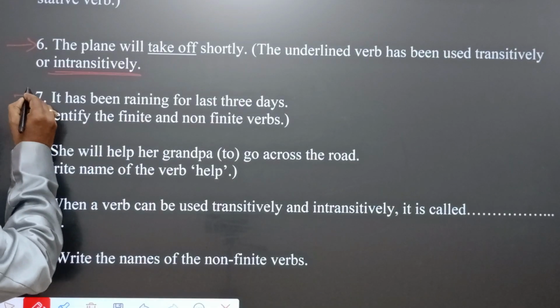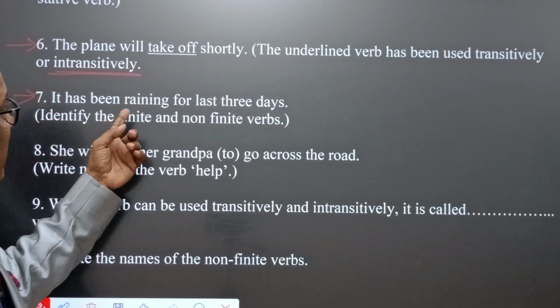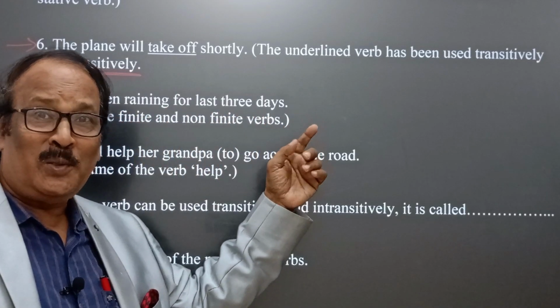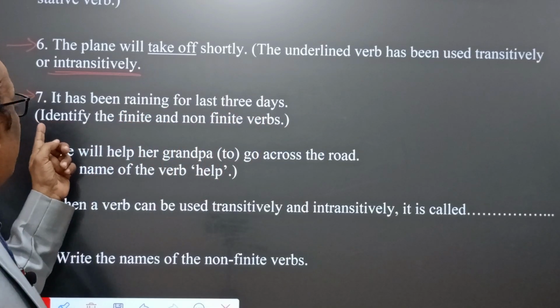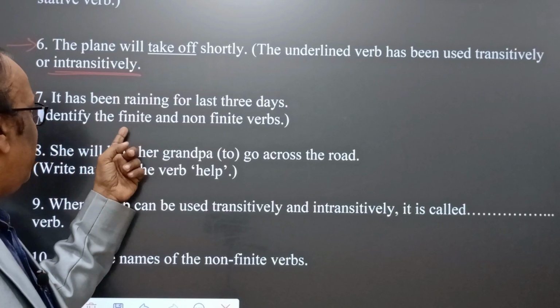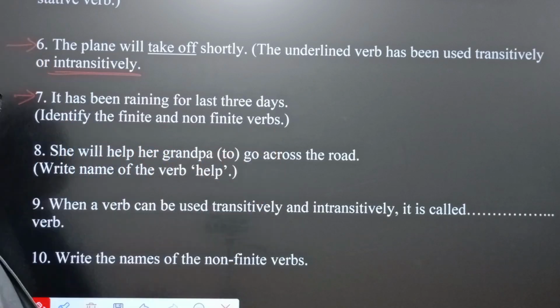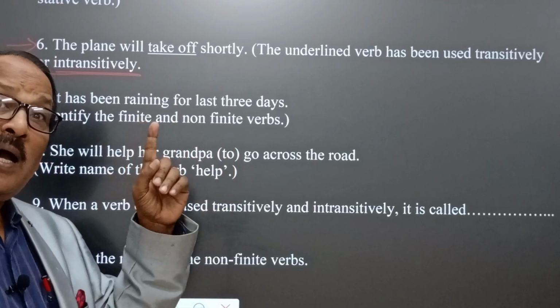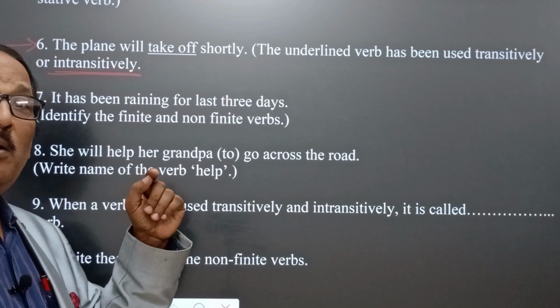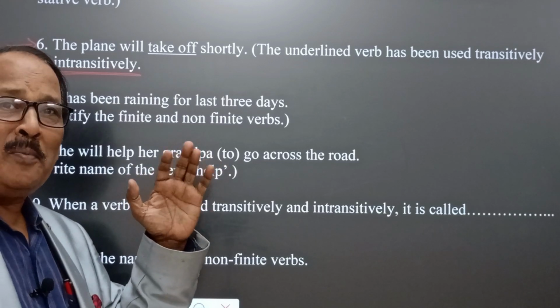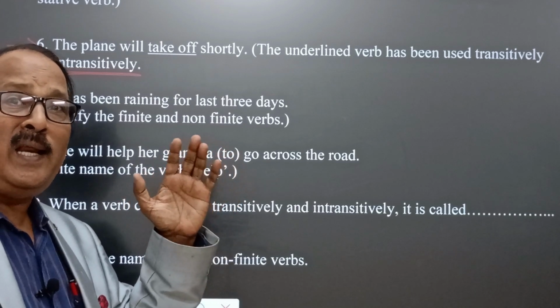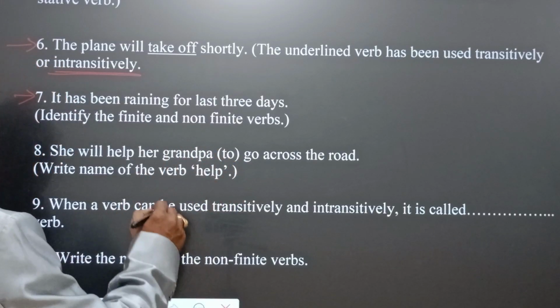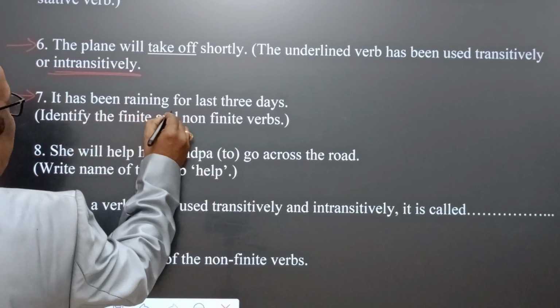Question number 7. It has been raining for last 3 days. The instruction is identify the finite and non-finite verbs. As we know, if there is a verb phrase, the first verb is the finite verb or the tensed verb because it carries tense. Here we find has been raining.